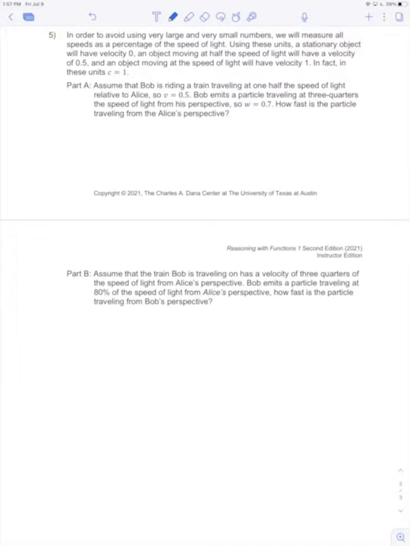Part A, assume that Bob is riding a train traveling at 1/2 the speed of light relative to Alice, so v is equal to 0.5. Bob emits a particle traveling at 3/4 the speed of light from his perspective, so w is equal to 0.75. How fast is the particle traveling from Alice's perspective? It's going to be v plus w over 1 plus v times w.